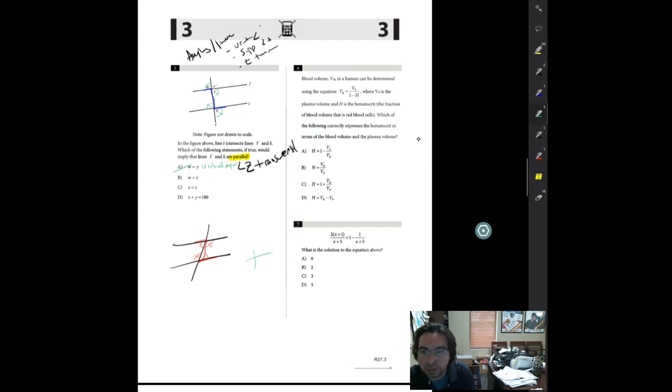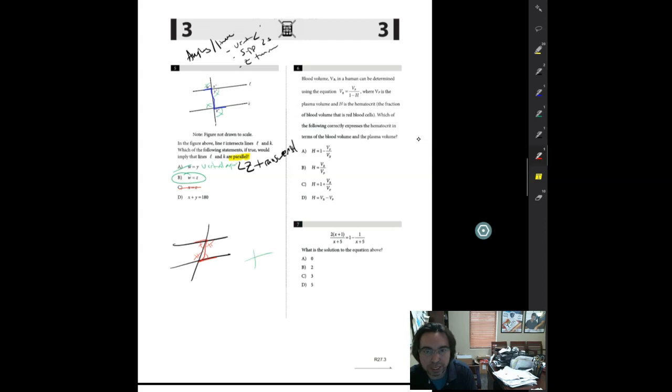Because of the Z transversal, B is the answer choice on this one. X and Z would not even be true, and X plus Y equals 180 is indeed true, but that doesn't necessarily suggest that the two lines are parallel, just because it follows the rule of supplementary angles.